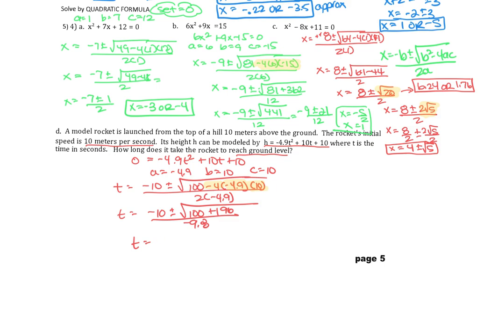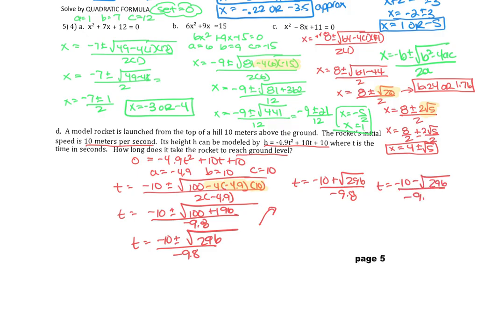So I have t equals negative 10 plus or minus the square root of 296 over negative 9.8. I'm not even going to bother trying to simplify any of that because in a problem where I want time, we usually end up in decimals. So this is two answers. My t equals negative 10 plus the square root of 296 over negative 9.8, and my t equals negative 10 minus the square root of 296 over negative 9.8.